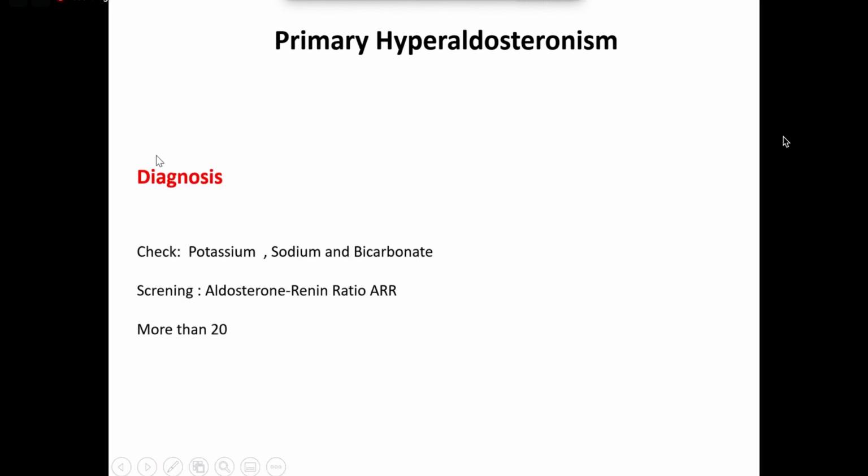Now, if we suspect primary hyperaldosteronism, we have to order serum potassium, sodium, and bicarb. The screening test for primary hyperaldosteronism is the aldosterone-renin ratio. If the ratio is more than 20, then we suspect primary hyperaldosteronism.